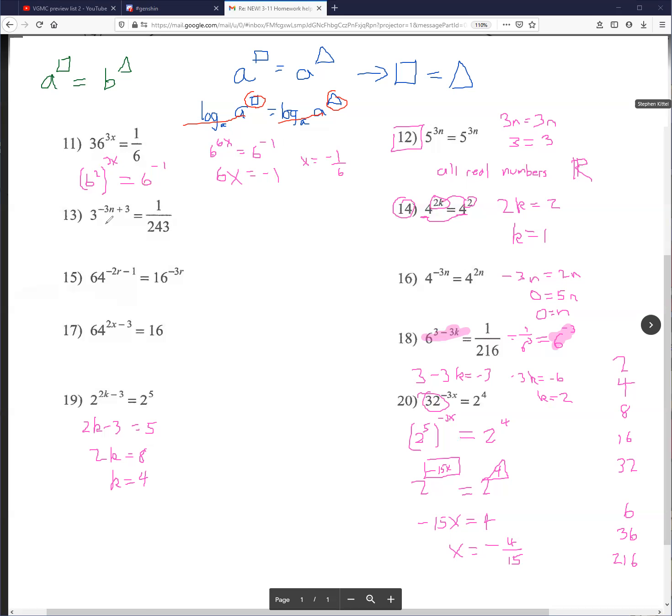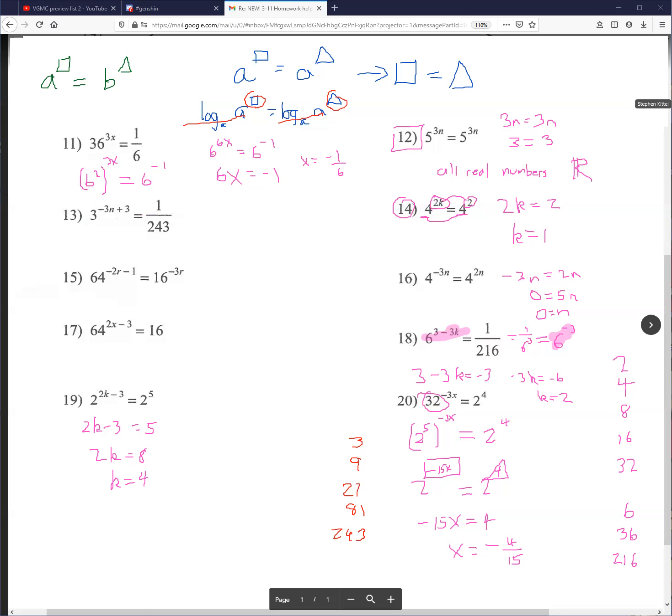The same thing is going to happen for 13, except it's a lot closer to what 18 did, where we have a number over here, and we're going to write this in terms of that number. So powers of 3, let's think. We've got 3 times 3 is 9, times 3 is 27, times 3 is 81, times 3 is, let's pray, 80 times 3 is 240, 1 times 3 is 3, add them together, we get 243.